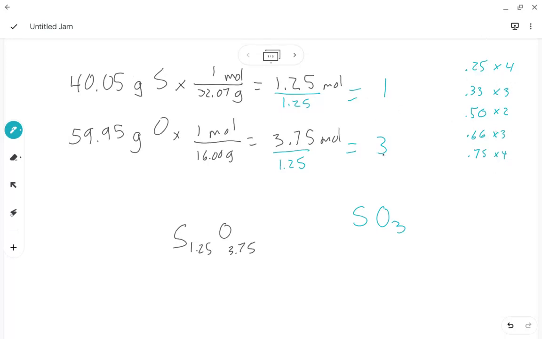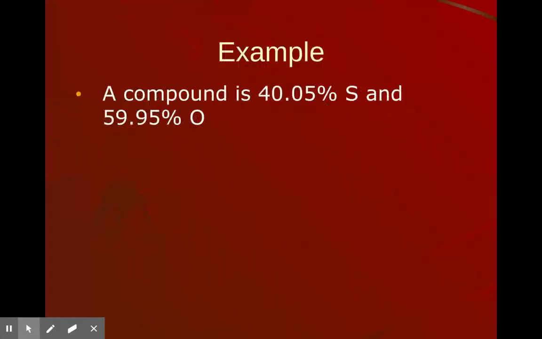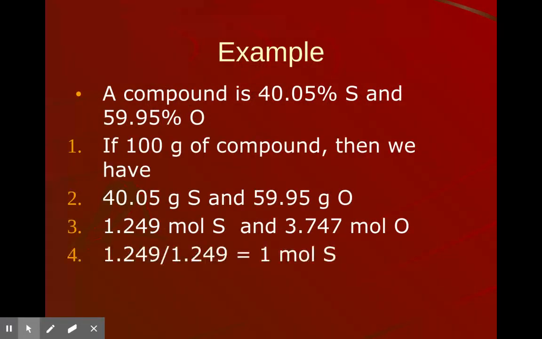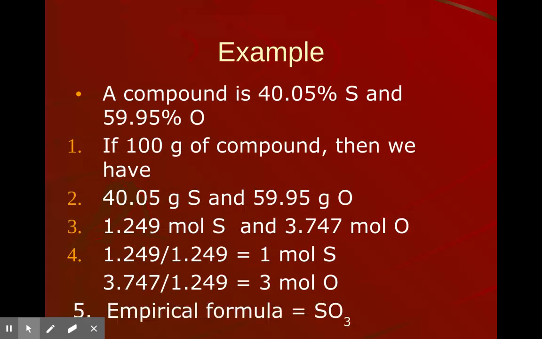If this had come out to be 2.99, we would just round that off to 3 to get us whole numbers. Our empirical formula is SO3. And that's the example that I've got right here. If you want to go back through the PowerPoint, you can work yourself through that as many times as you want. So let's take a look at another example.